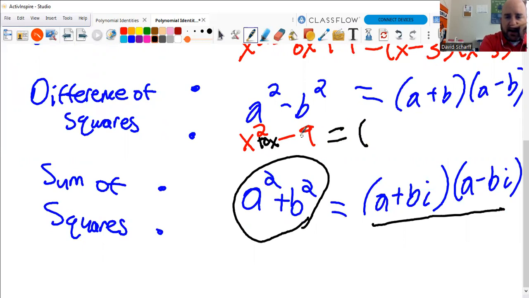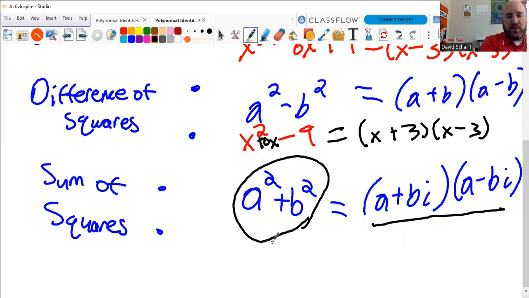And then I would say, 9 is negative, so that means my signs have to be the opposite. What can I add up to get 9 that would cancel out to give me 0, which would still be 3 and 3, except now one is positive, one is negative. So those previous 3 identities, I could still do this, okay?